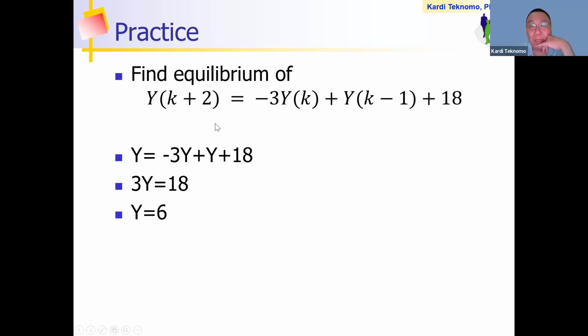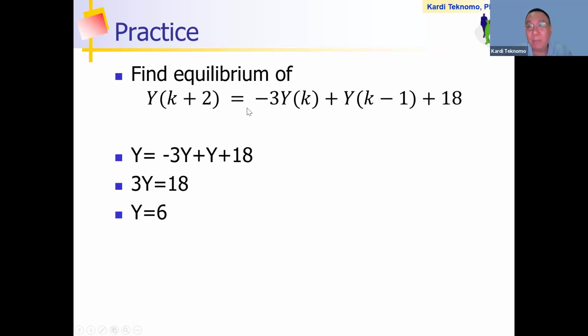Here is another example, if you want to see. Say we want the equilibrium of this difference equation: y_{k+2} minus 3 y_k plus y_{k-1} plus 18. Can you find the equilibrium? Easy.